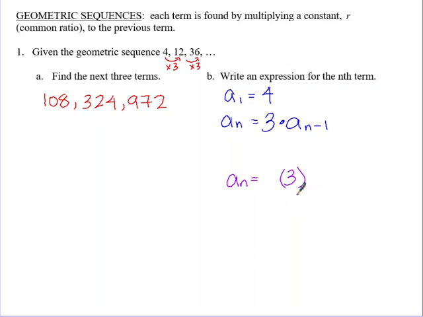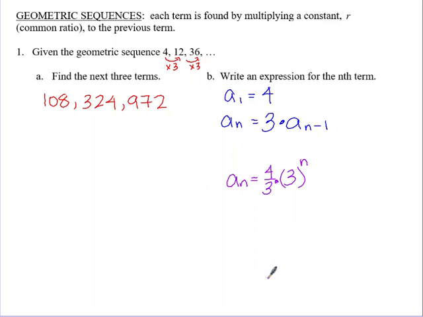There are a couple ways that we could write this rule. If we want to have 3 to the n power, then we have to make sure that we pick a value so that our first term is 4. If we plug in 1 for n, 3 to the first power is 3. So to make our first term be 4, we would have to multiply by 4/3.